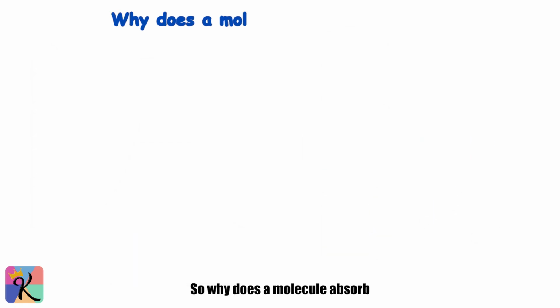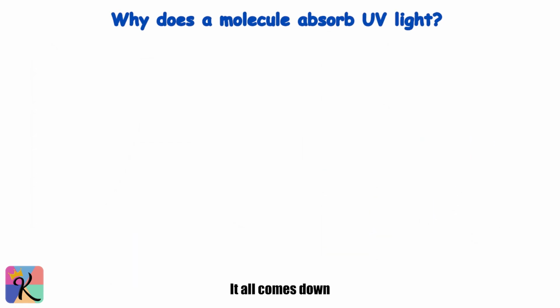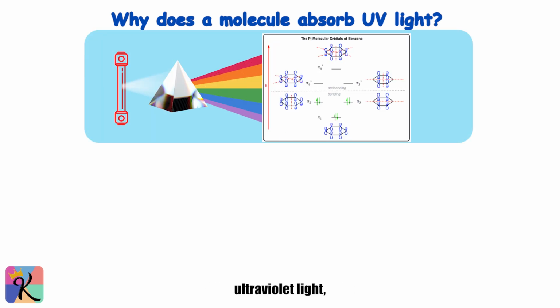So, why does a molecule absorb UV light? It all comes down to electron transitions. When a molecule absorbs ultraviolet light, electrons are promoted from a lower energy molecular orbital, specifically the highest occupied molecular orbital, or HOMO, to a higher energy molecular orbital, the lowest unoccupied molecular orbital, or LUMO.